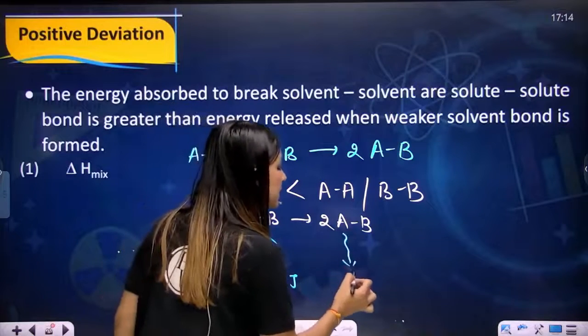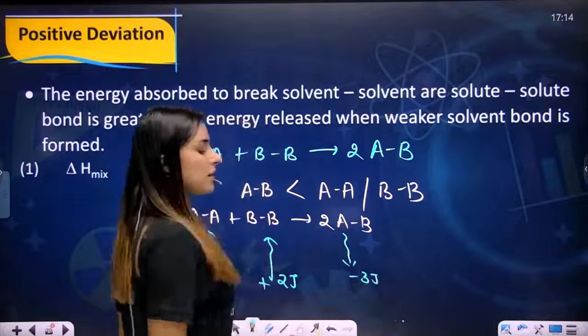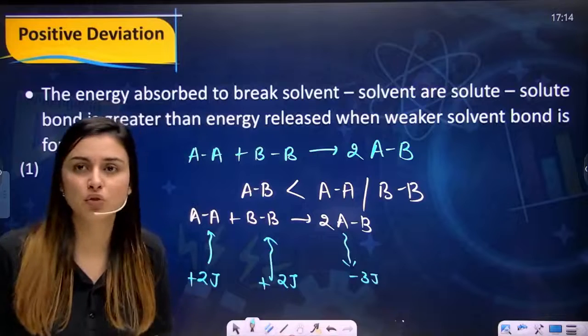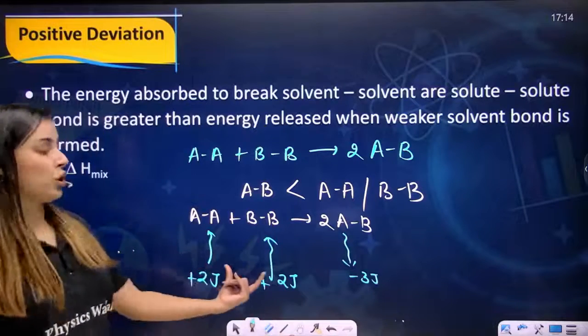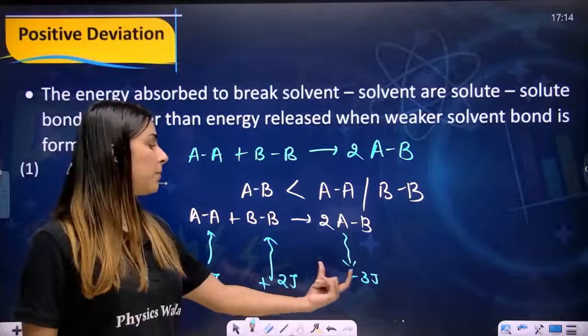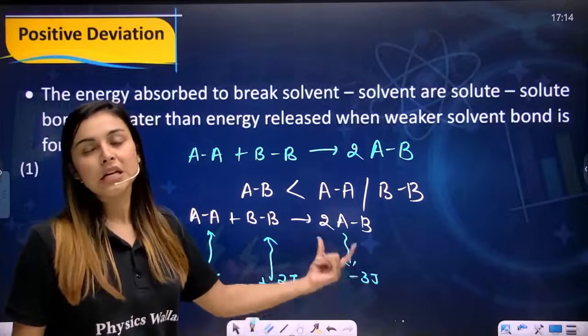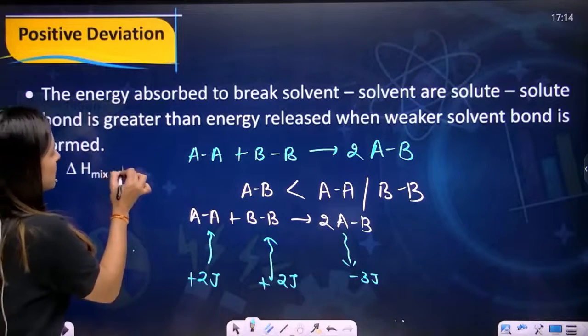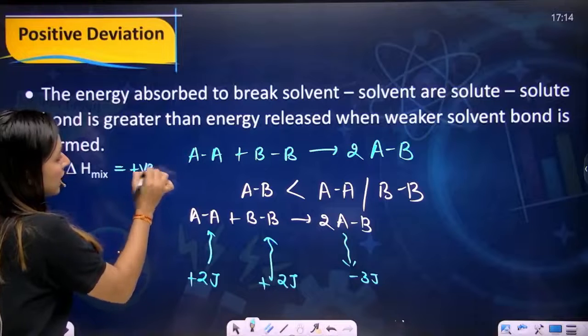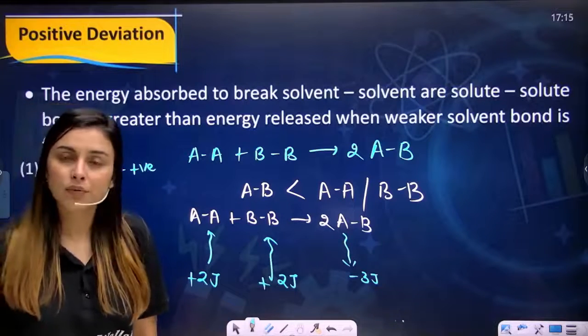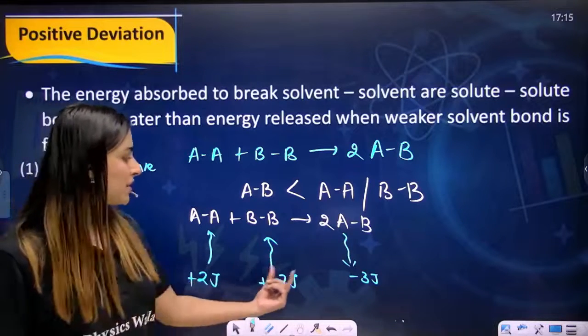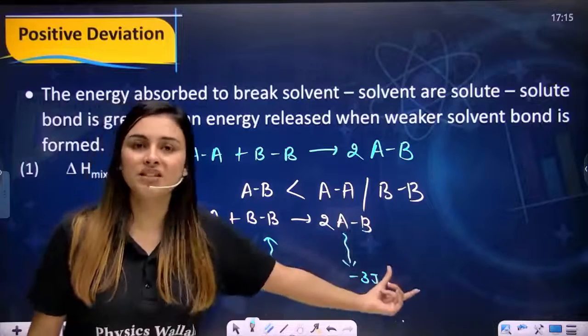Let's say a total of 3 joules of energy is released. 4 joules of energy was absorbed, but 3 joules of energy is released. So can I say that delta H mixing here will always be a positive value? Plus 4 minus 3, it will give you plus 1, right?